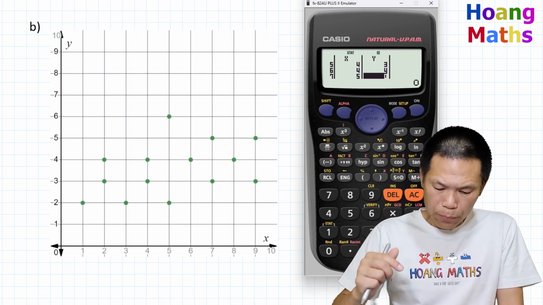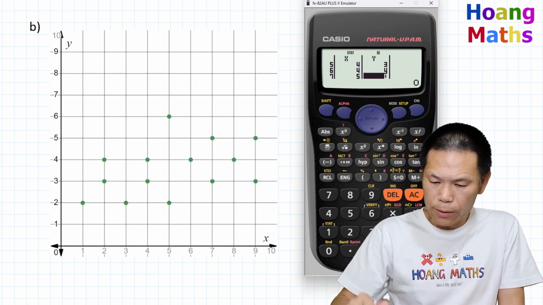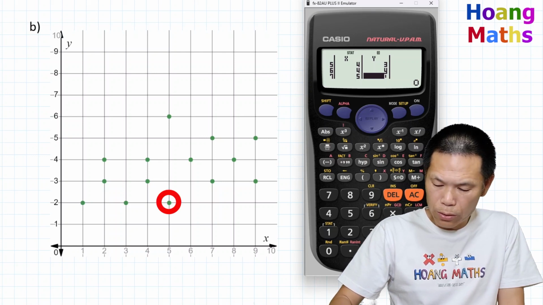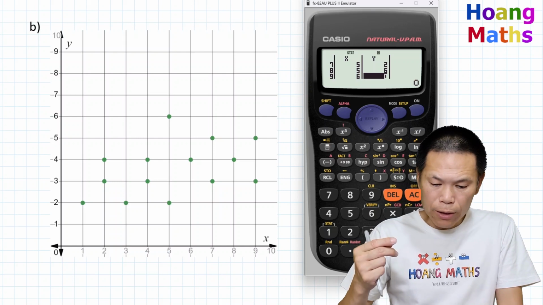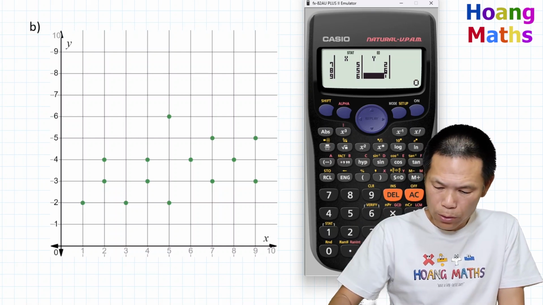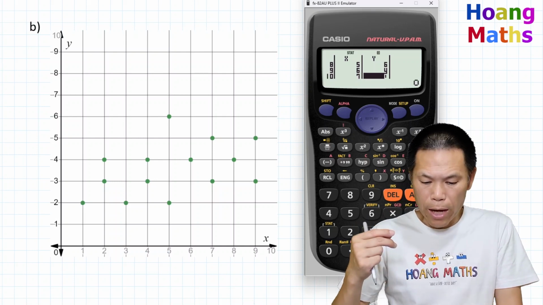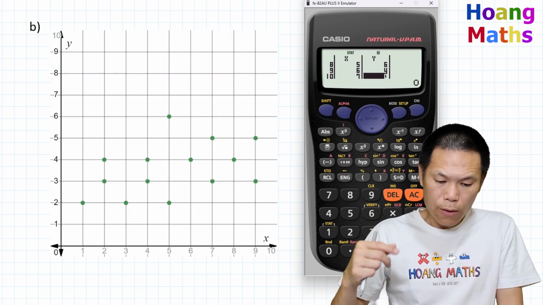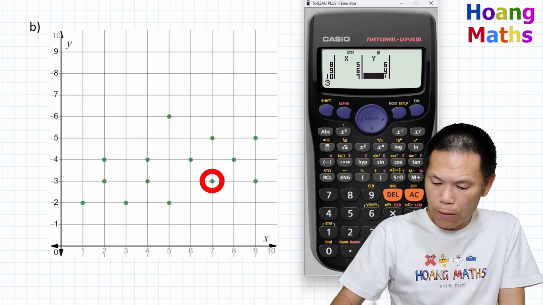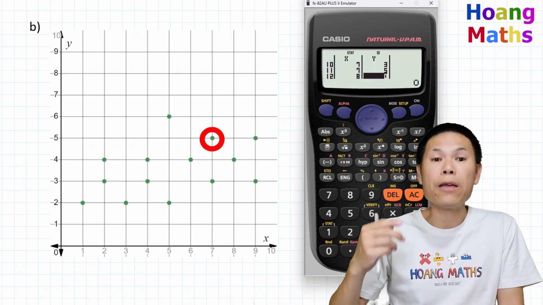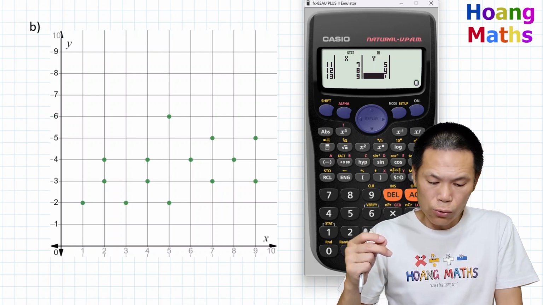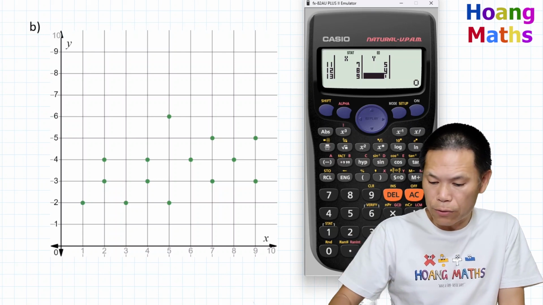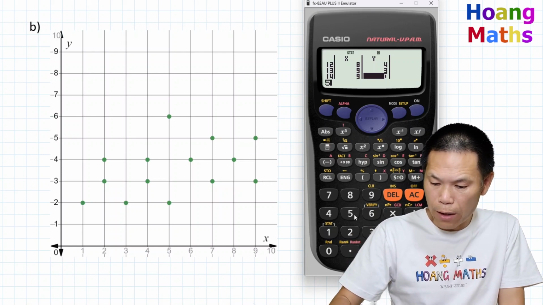And followed by 2, 6. So we enter 2, 6. And then after that we have 4. So press 4. And then we have 3, 5. So 3, 5. And followed by 4. So press 4. And then the last 2 values are 3 and 5. So press 3 and then 5.